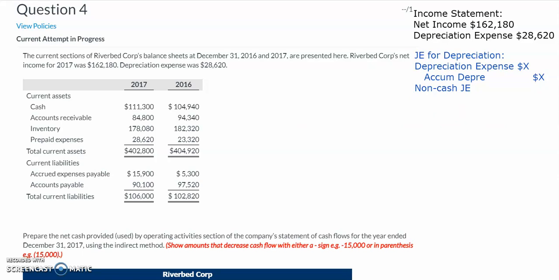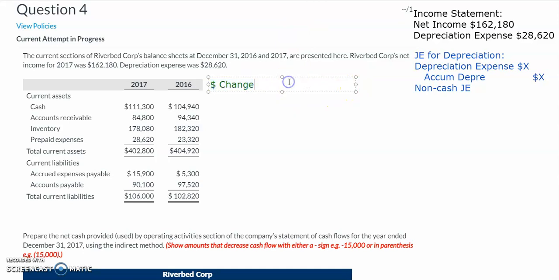So what we do with our indirect method is we kind of take a shortcut. And this is a method that is widely used by a lot of companies. And we need to look at what is the dollar change from one period to another period from the balance sheet.